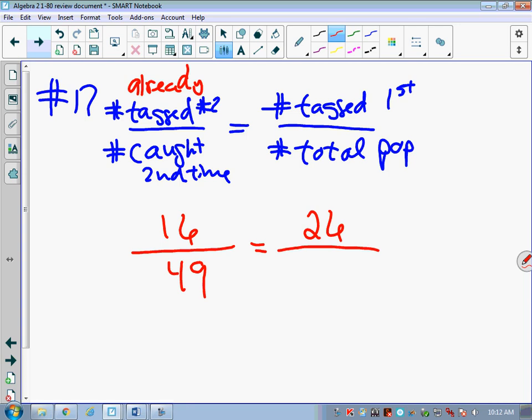Okay? Number already tagged. Does that help? Okay? And our question is, given this, how many squirrels are in the area? Okay, that's X. So what do I do to solve this? Cross multiply and divide. What am I multiplying? 26 times 49. What am I dividing by? 16. So 49 times 26 divided by 16.